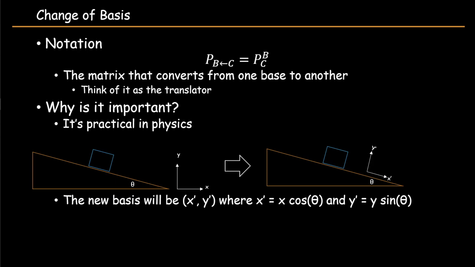And so this is one of the practical applications in which you need to change bases, because it makes the calculation so much easier, because as you know, the normal force will now be mg cosine theta. The acceleration down the ramp would be, assuming it's completely frictionless, g sine theta.